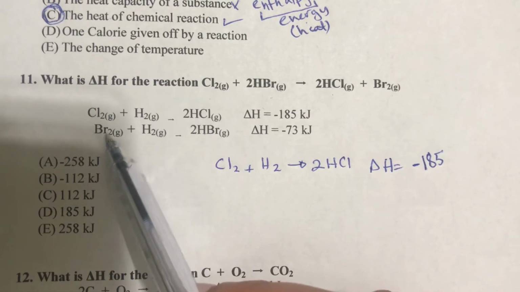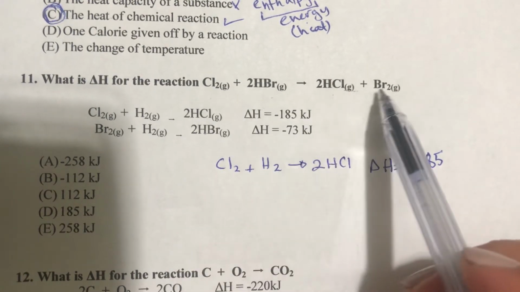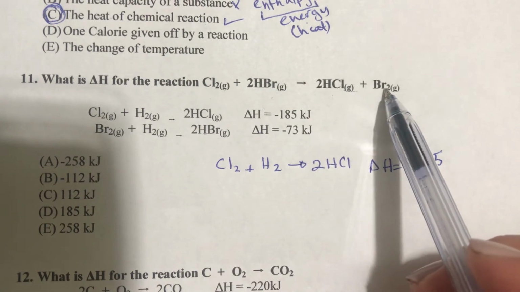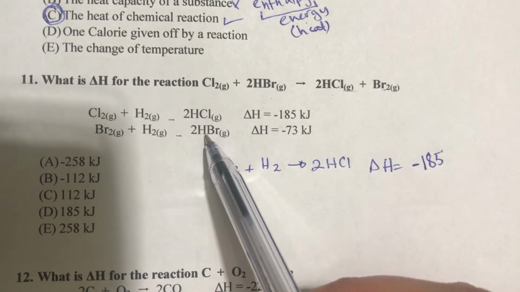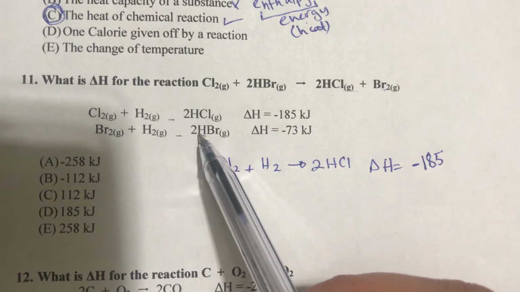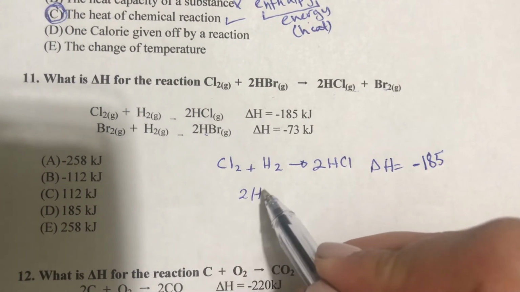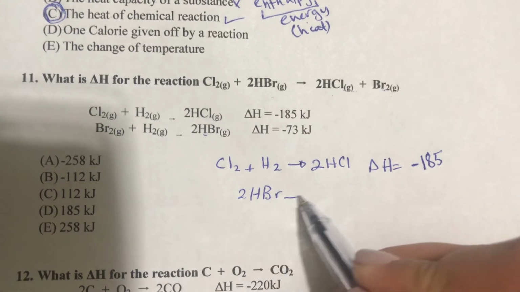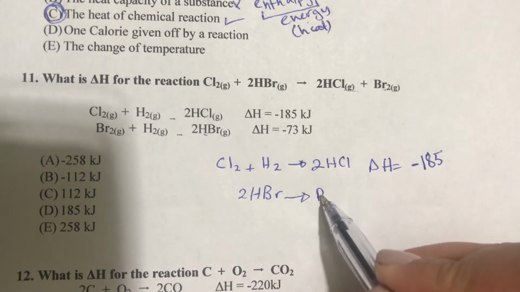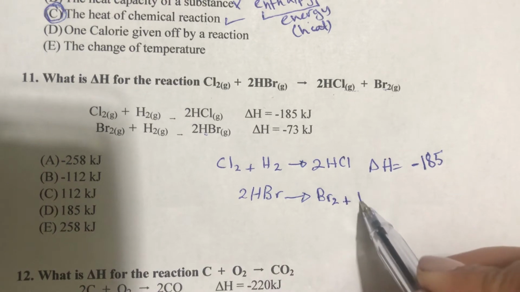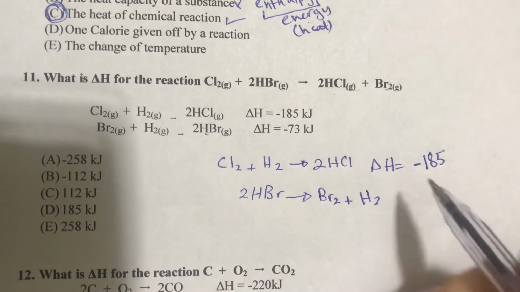Now here, Br2 is in the reactant, but here in this reaction, Br2 in the product. So you have to reverse this reaction. So 2HBr decomposed to bromine and hydrogen gas.